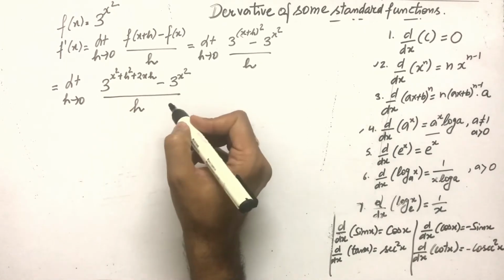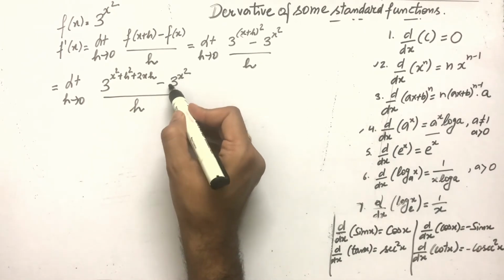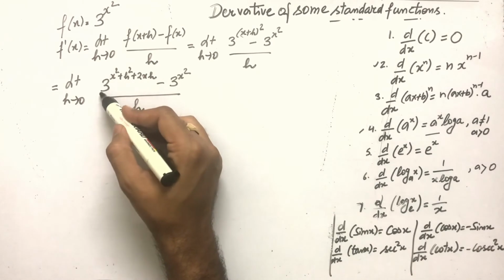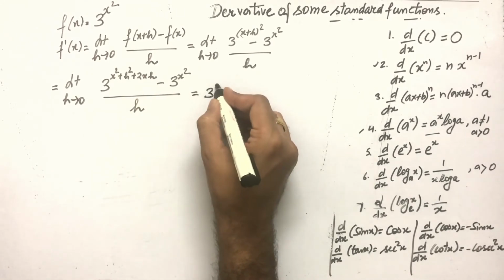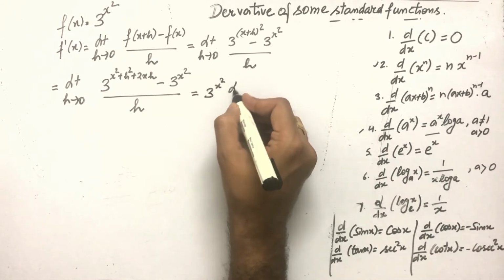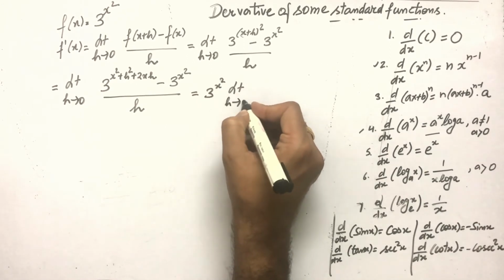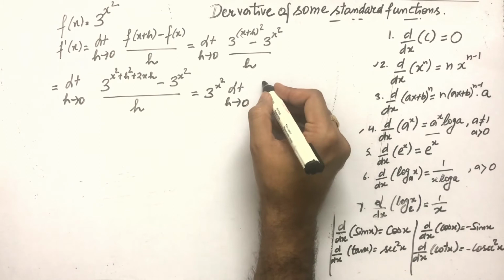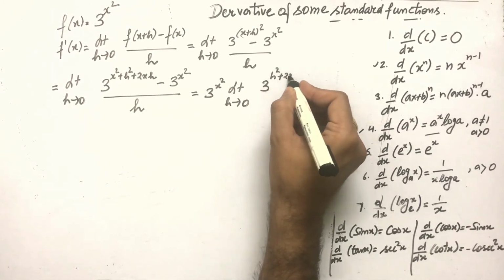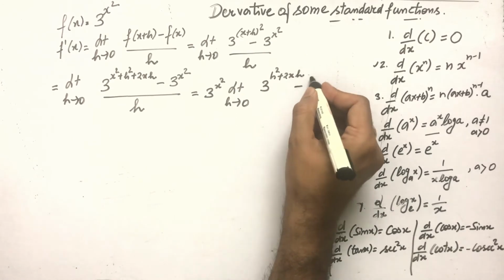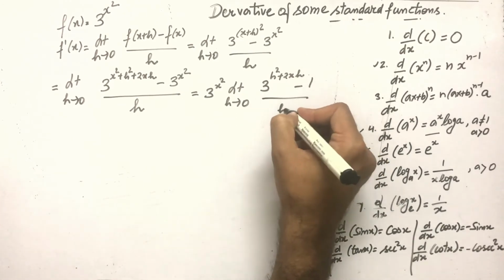So as earlier, very easily we can take this 3 power x square common, which can be written directly outside. Limit h tends to 0. So what we are left with? 3 power (h square plus 2xh) minus 1 upon h.